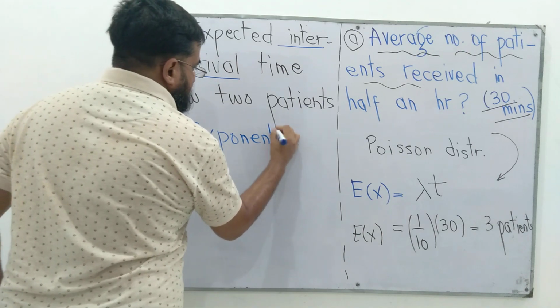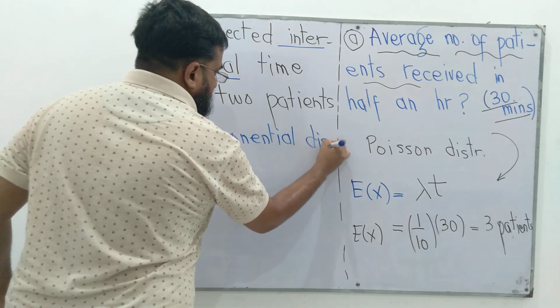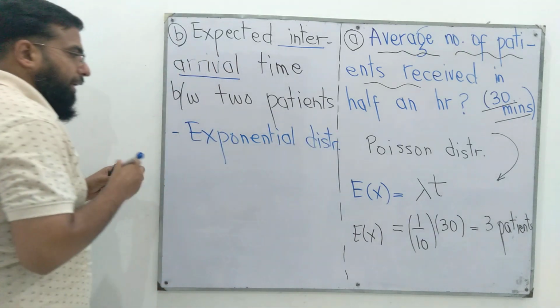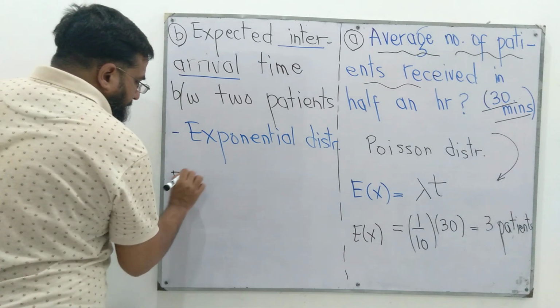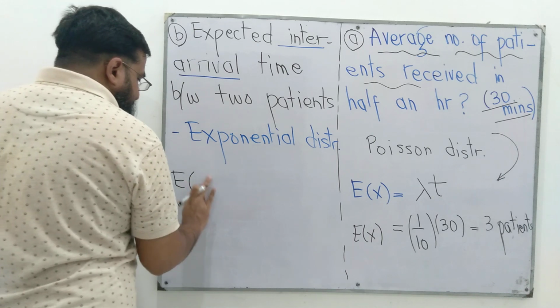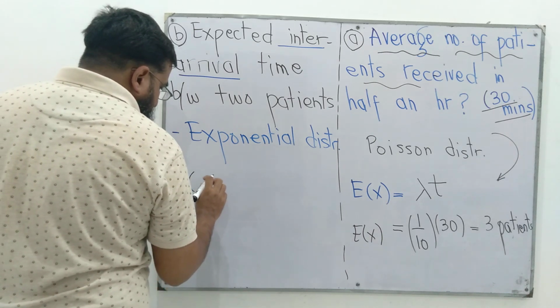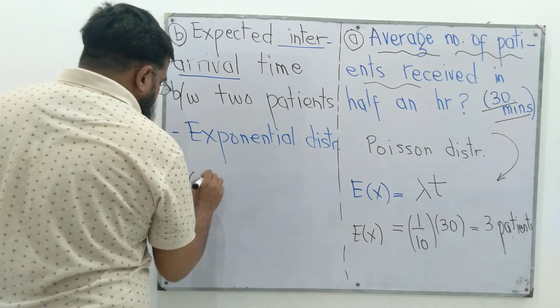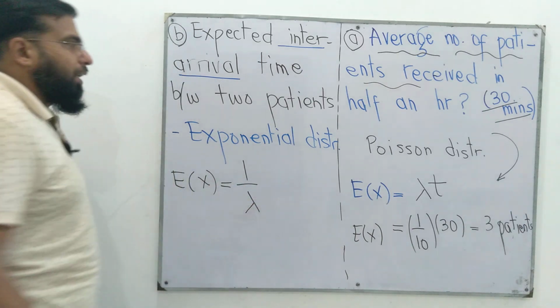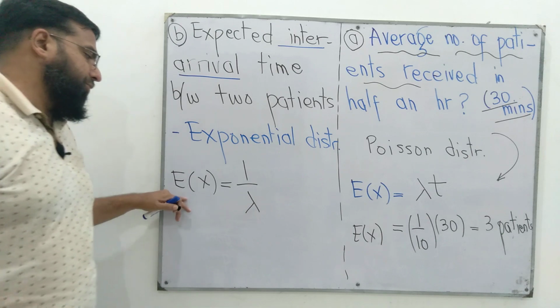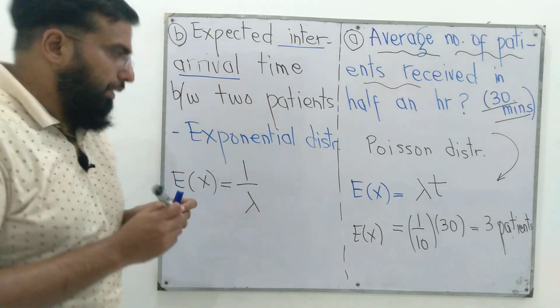We call it the exponential distribution, and in the last lecture we have studied that the expected value of an exponential distribution is given to be 1/lambda.